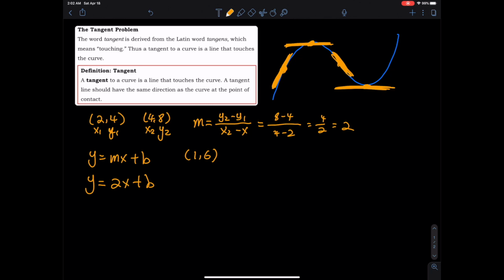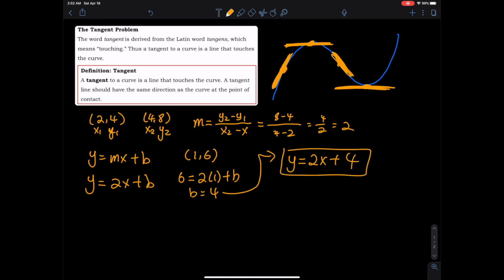That means the line will go through this point, and you just plug in x and y. So you have 6 equals 2 times 1 plus b. So b equals 4. Now we have y equals 2x plus 4. This is a straight line, right? The slope is equal to 2, and the y-intercept is (0, 4). The y-intercept is a point on the y-axis.